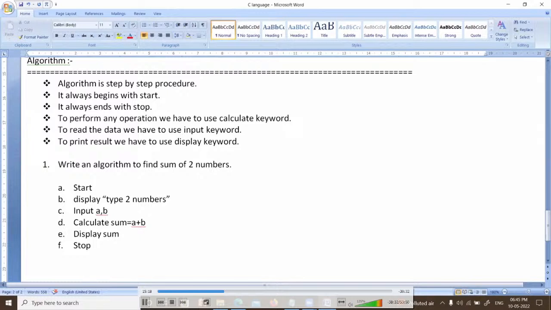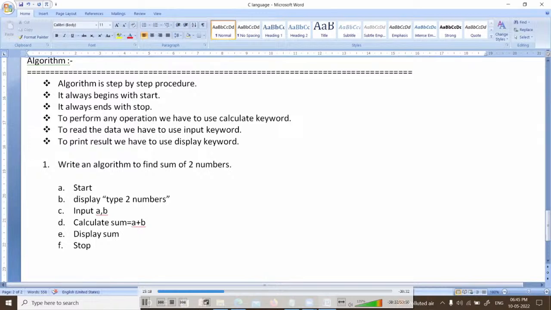Okay. I didn't tell you why, because you don't know what is variable. That's why I didn't tell you. Right? Actually, L is a variable, W is a variable. Some new students are there. They may feel what is a variable. Right? I will explain you later. L for length, W for width.